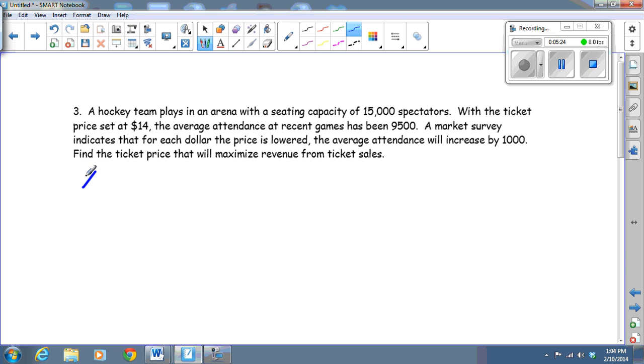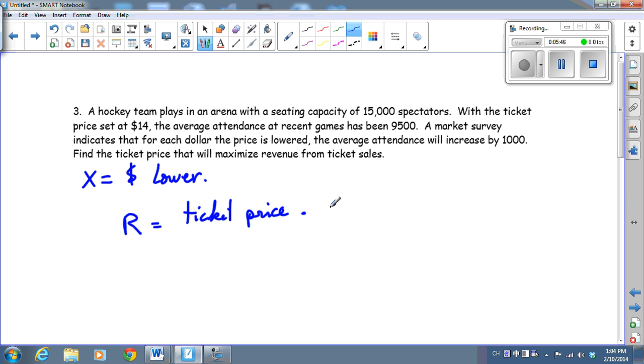Let X be the dollar amount that will be lowered. Let's start with this. The revenue is equal to the price times the attendance. So I will say ticket price times attendance.